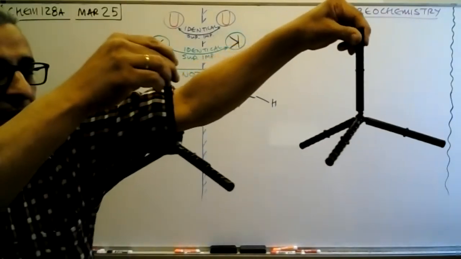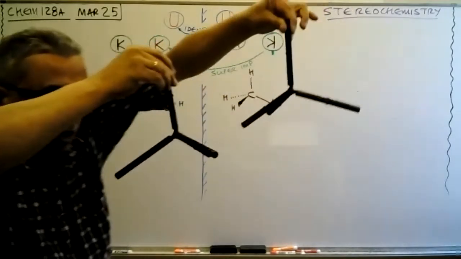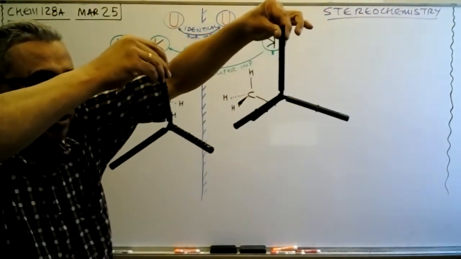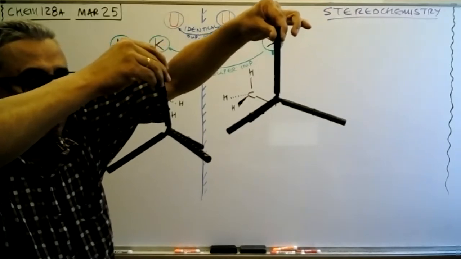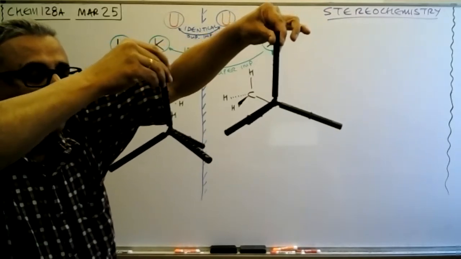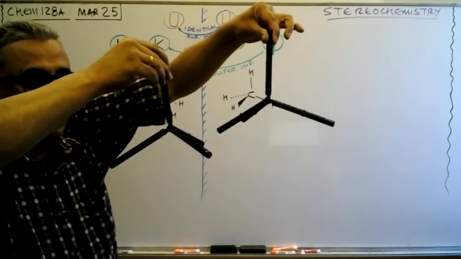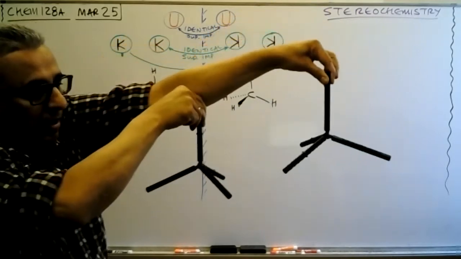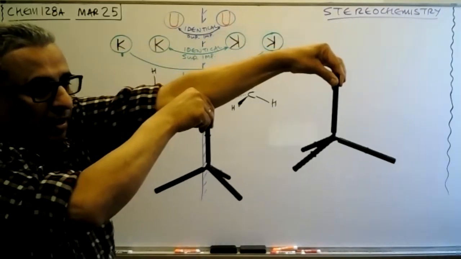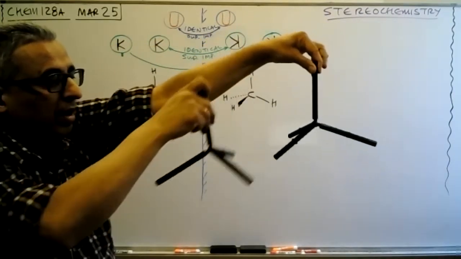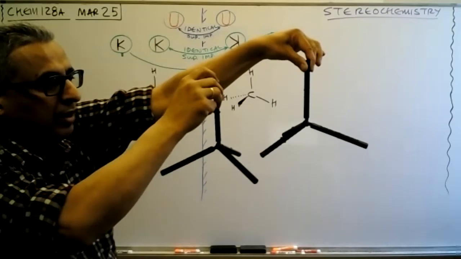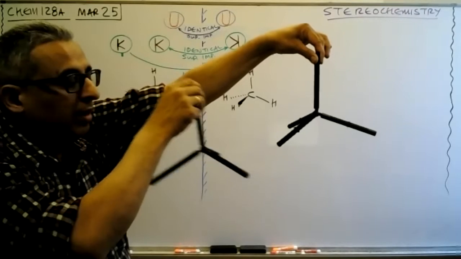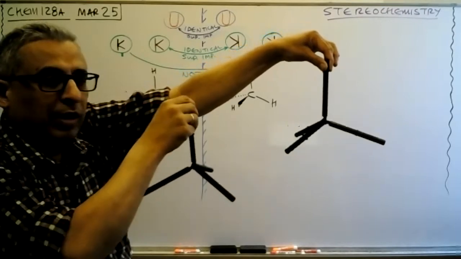What do you guys think? If I try to superimpose one on top of the other, do you think that everything is going to lay on top of the other molecule? Are they superimposable or not? What's your gut feeling before we do the experiment? Yes or no? If I try to put the carbon in the middle, and lay the hydrogens on top, all 4 hydrogens, do you think the real molecule will look like its mirror image?